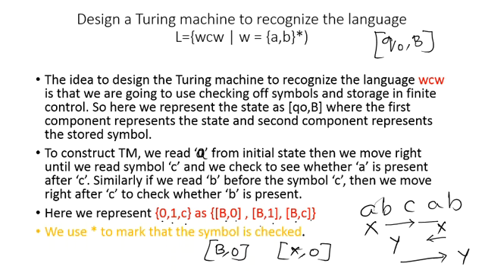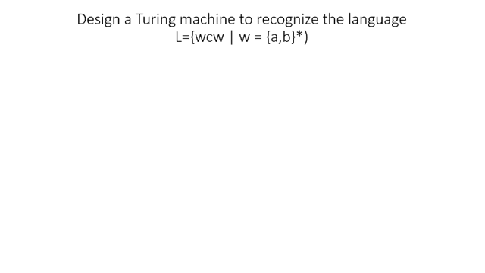Let me draw the transition diagram for this, so you will be able to understand. I will draw it first. We will start with the initial state, Q0, B. Actually, why do we have to always start with Q0?